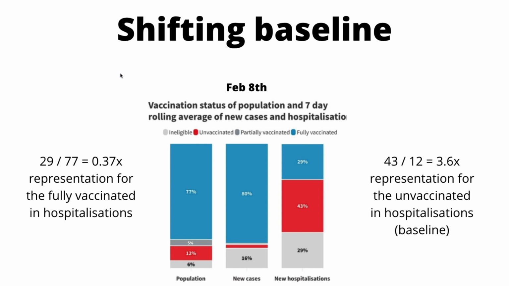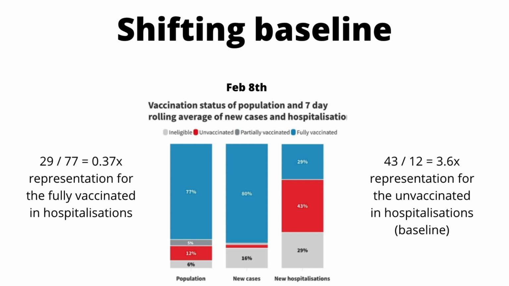We recognise that the vaccine initially has a positive effect on hospitalisation rates. So let's be honest and acknowledge that this positive effect is there and is evident in the statistics, but the question is, once this protection wanes, does it leave your immune system back at baseline or worse? So let's get back to establishing the baseline. Looking back at my screenshot from February 8th and focusing on hospitalisations for now, we can see the positive impact of being vaccinated as is evident from the underrepresentation of the vaccinated in hospitalisations.